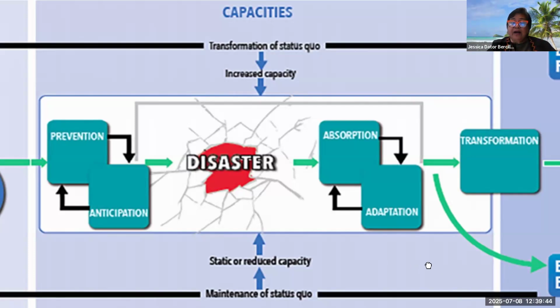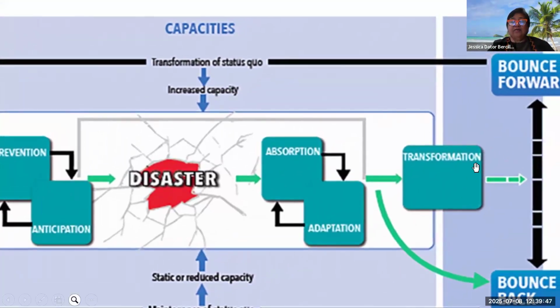But the preferred modality, or the standard of resilience that we need to achieve is that state of transformation, whereby, according to the scientific communities, we not only recognize the hazards or the exposures that we have to the hazards, but make sure that we are able to transform, meaning we are able to address the root causes of our hazards, exposures, and vulnerability.